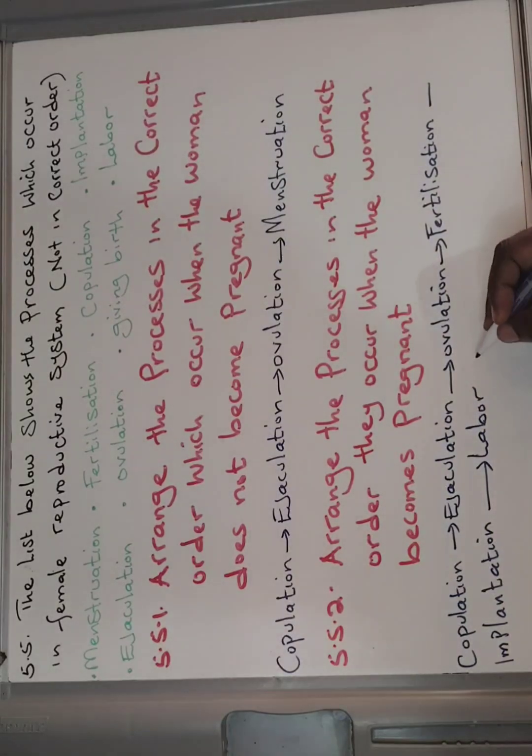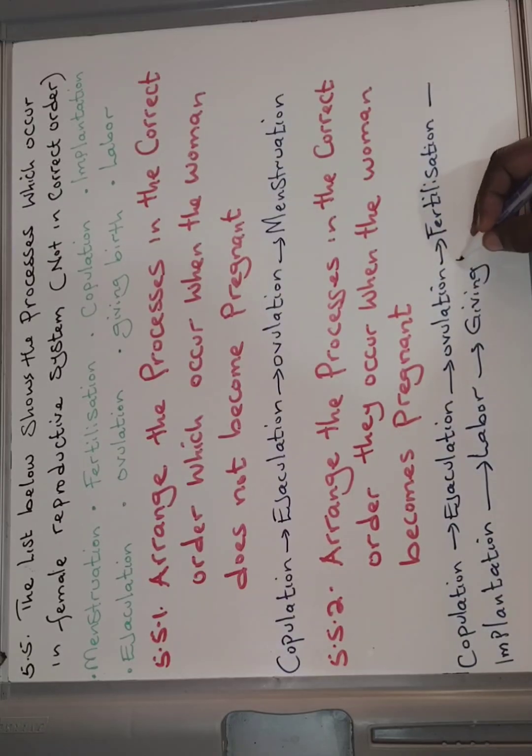And the labor leads to giving birth. So those are the steps which happen when the woman does what she is supposed to do, becomes pregnant, and the baby is born.